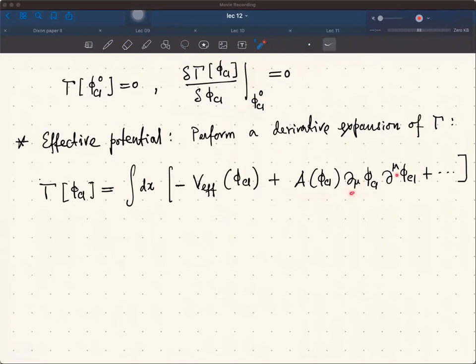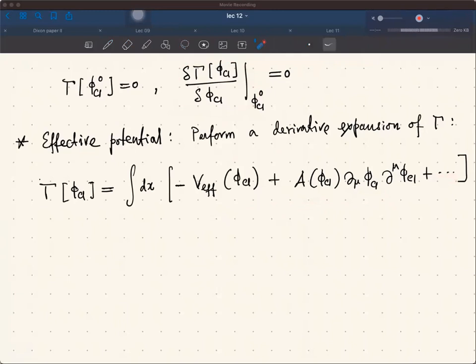Therefore, it has to contract with a derivative. So if you are looking at Lorentz invariant expressions, then there is no background field which can contract with derivatives of phi CL. So higher order terms will be higher order derivatives in phi CL.